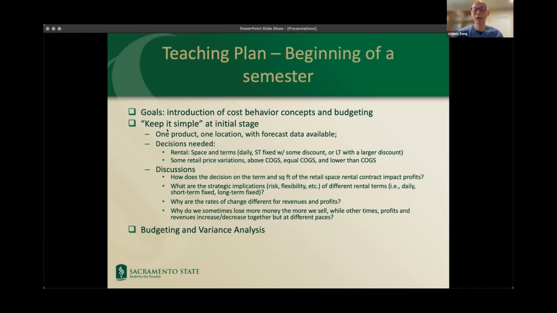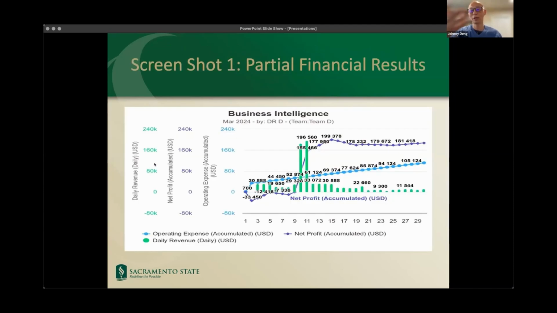So that's that. I can show you something about what they did. As the earlier demonstration shows, once they run the simulation, there is various data they can look into. I just took a screenshot of this particular one. You have operating expenses accumulated for 30 days. You have net profit accumulated this way, not daily, but the revenue is on a daily basis.